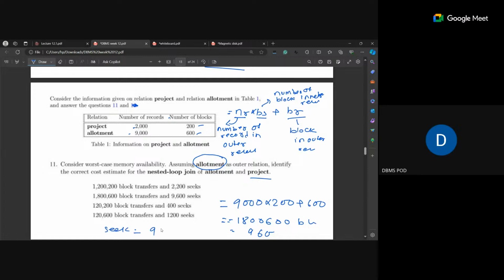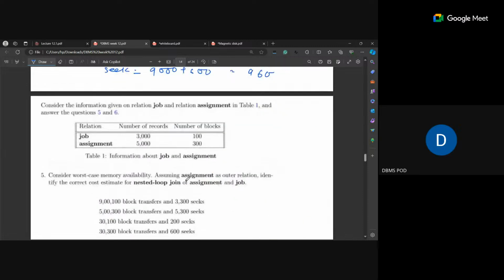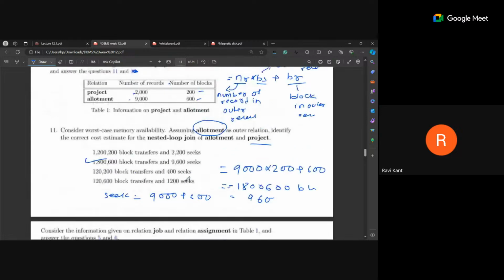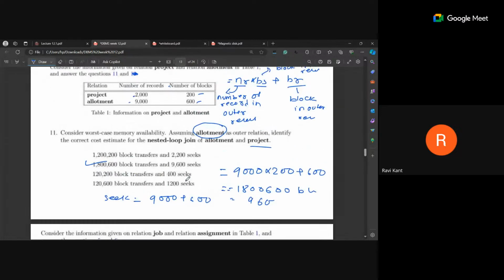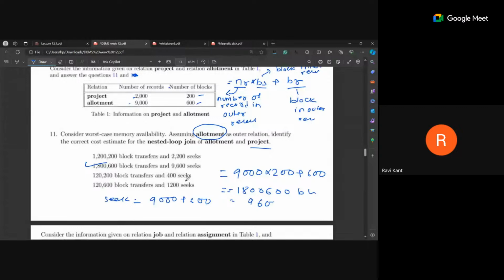The number of seeks required equals 9,000 plus 600, so it will be 9600 seeks required, right? Sir, for seeks, why are we taking 600 for the number of blocks?